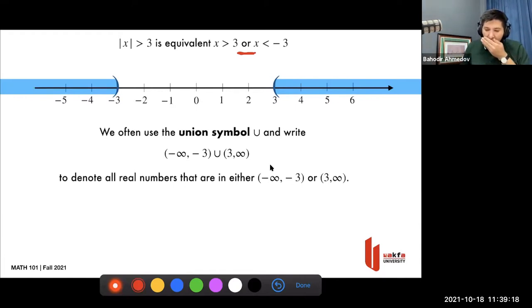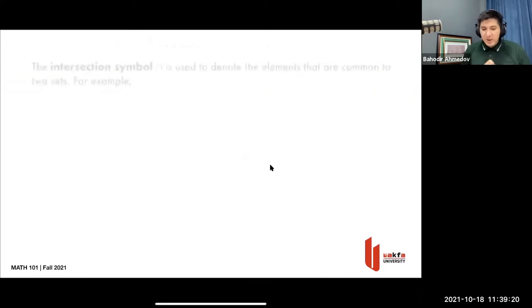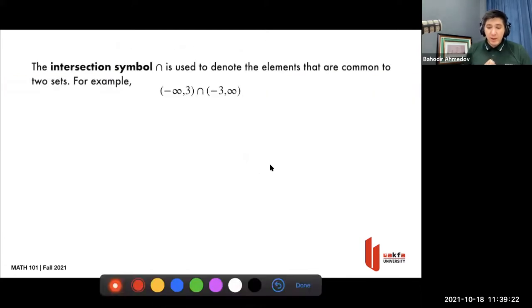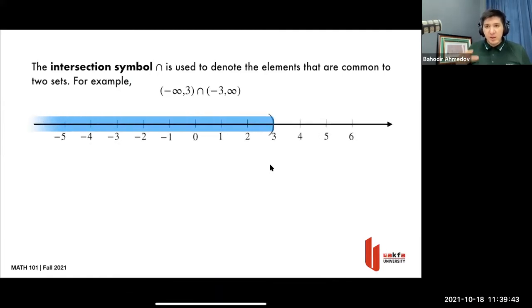There is an intersection symbol as well, which basically finds all of the values which are common in both of the sets. You need to understand that a set is just a bag of items. You've got 2 bags, and you find the items which are in both of the bags. This is what the intersection tells you.